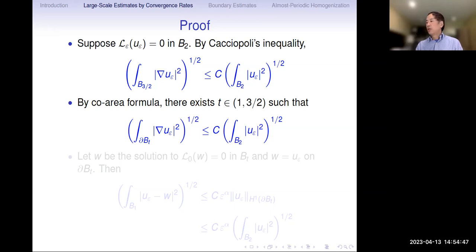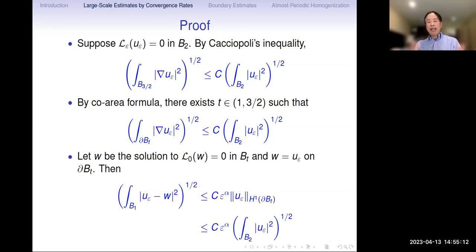Okay. So in other words, when you have a volume integral controlled by the right-hand side, some surface integral must also be controlled by the right-hand side, because the volume integral is the integral of a surface integral. That's what I refer to as a co-area formula. You might also call it polar coordinates.